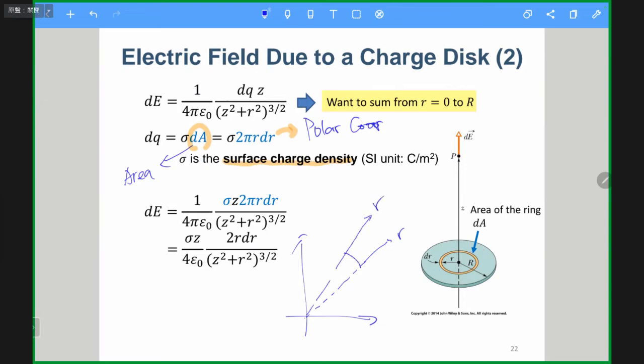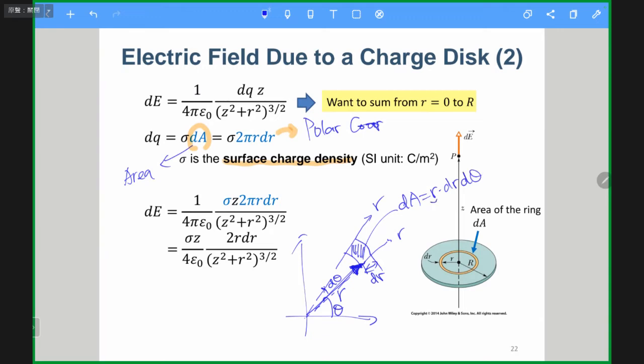When you consider the dA, you can consider that up to this point is r, this is dr, this angle is theta, and this small angle is d theta. So in that case, this dA will be r times dr d theta rather than dr d theta.